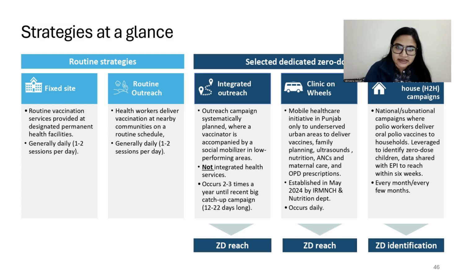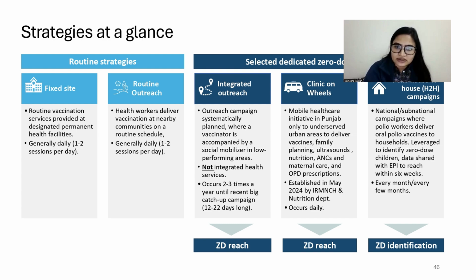The next strategy is the Clinic on Wheels, which is a very targeted program. This program works on a model where the mobile van specifically targets the underserved high risk urban areas and provides additional primary healthcare services such as family planning, ANC, PNC, care for the mothers, and nutritional services for the children, along with immunization services.